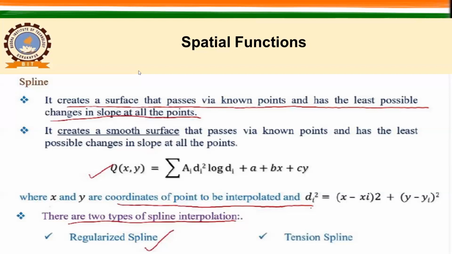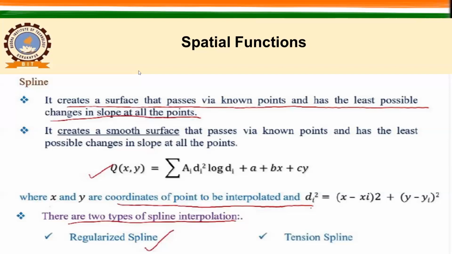That is why this is known as spline with barrier. Here it says interpolate surface using barriers from points using a minimum curvature spline technique. These barriers are entered as either polygon or polyline features that I have already explained to you.